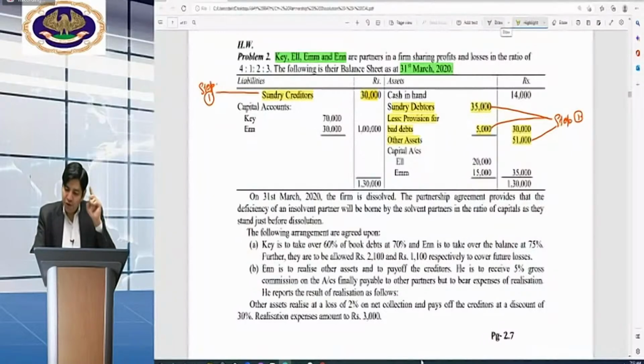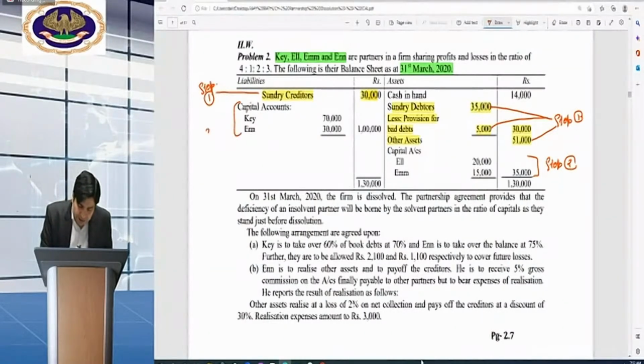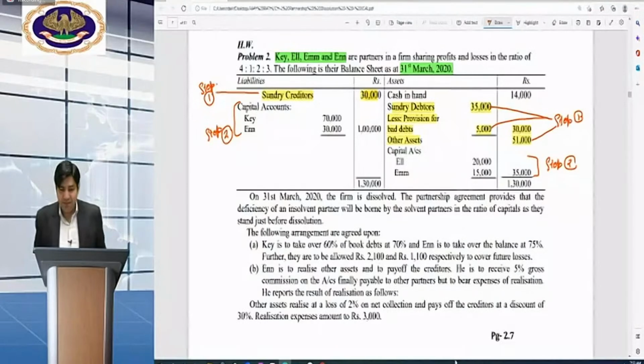Step number 2, transfer owners related accounts, whether they are having a debit balance or a credit balance. Beta, K and N are having a credit balance.